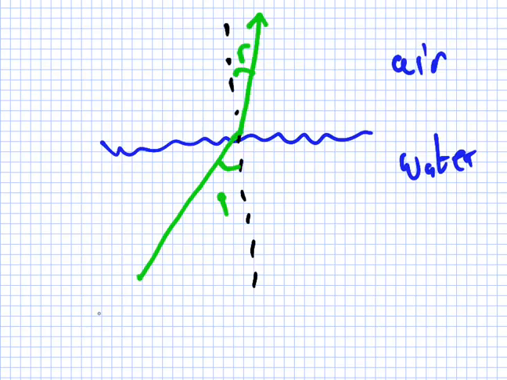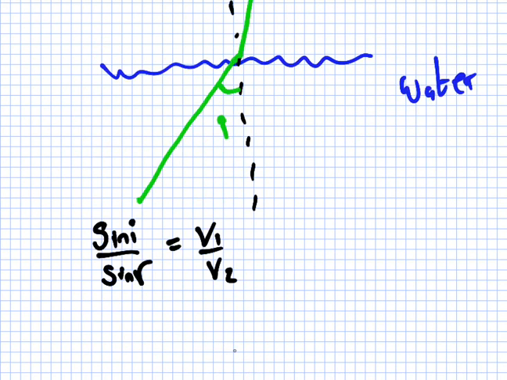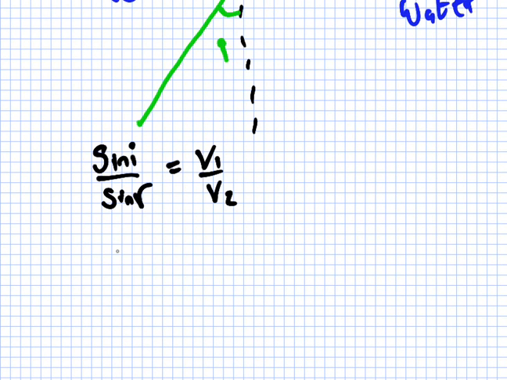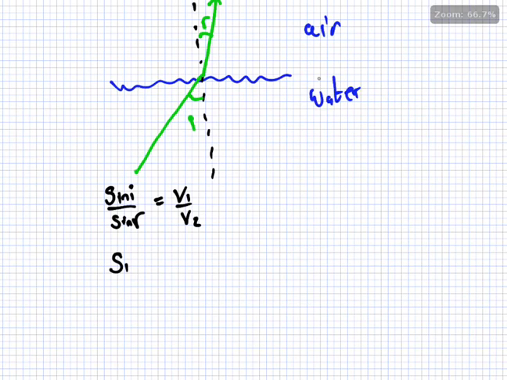Okay, so using Snell's law, sine I over sine R equals V1 over V2. Can you still see that okay? Sine I, we don't know. Sine R, we don't know. But V1 and V2 we do know. What's V1?